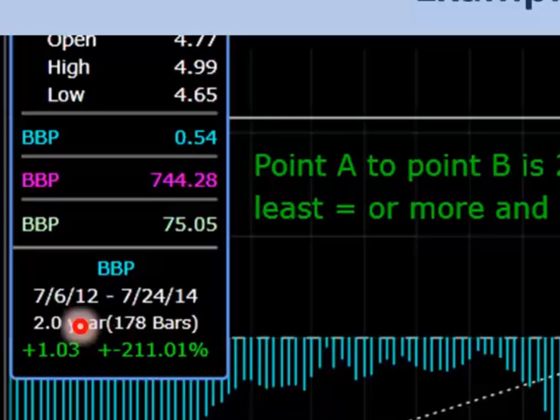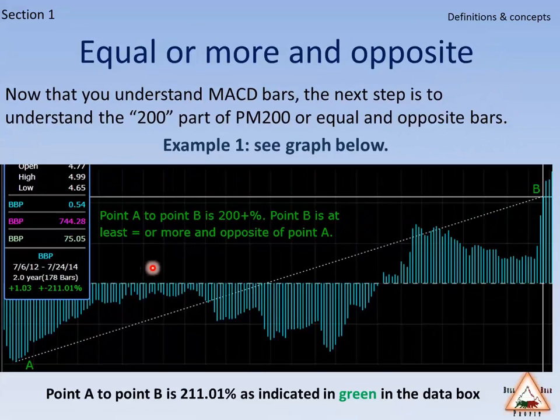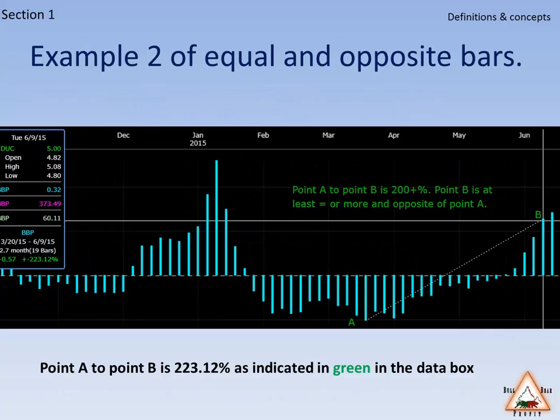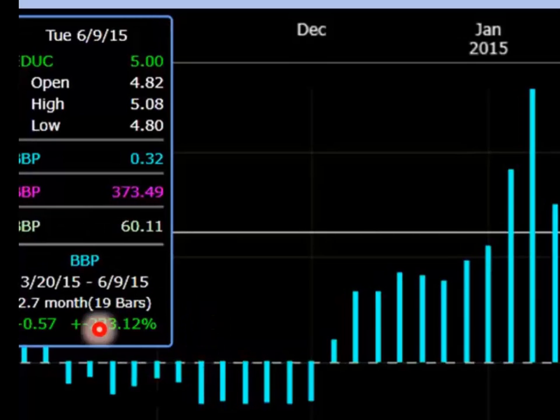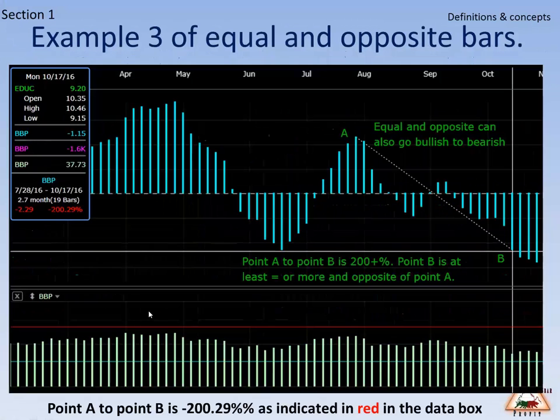And this, by the way, is an example using the premium or paid version of TC2000. Example 2 of equal and opposite bars. So here point A to point B is 223%, indicated in the green box here.